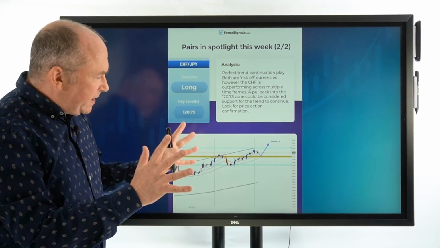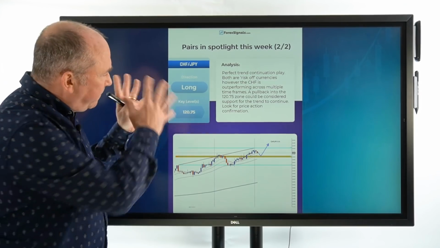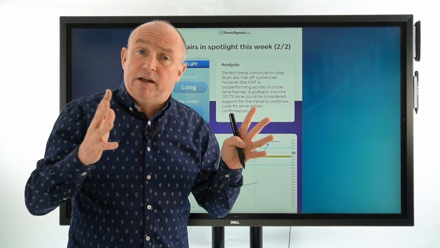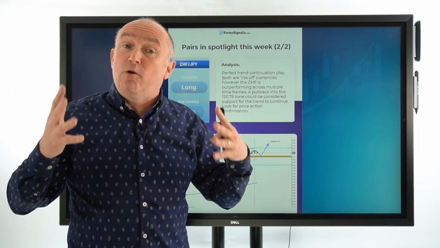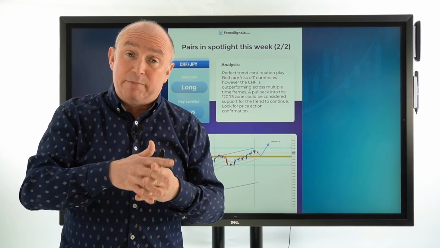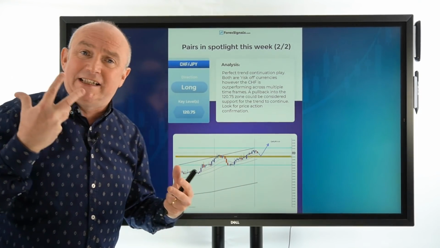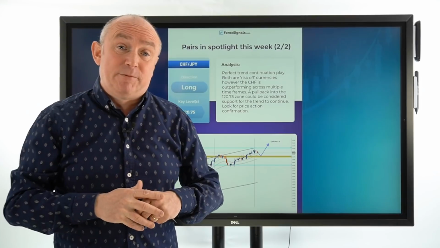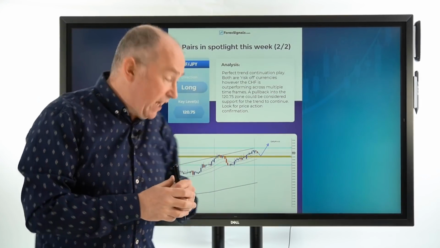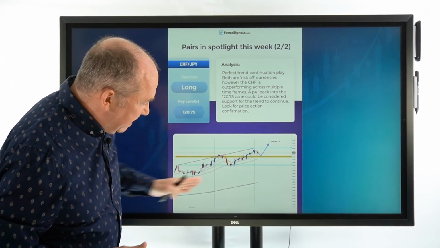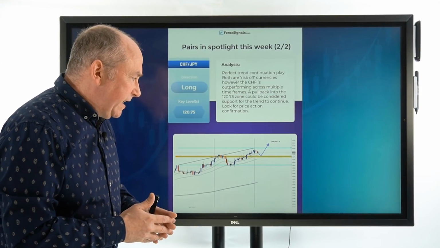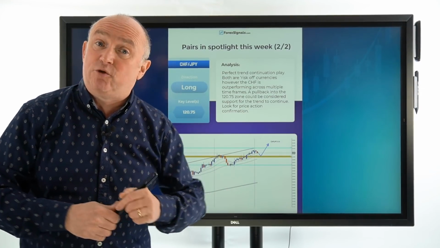Swiss yen. Now this is the one that both these currencies are safe haven currencies. So normally when the markets are on risk on, both of these currencies come down. But what's been happening more recently is that the Swiss franc has been gaining some strength, certainly over the Japanese yen. You'll see here on this chart here, really big solid trend continuation play. It's been a playground really for the trend followers.